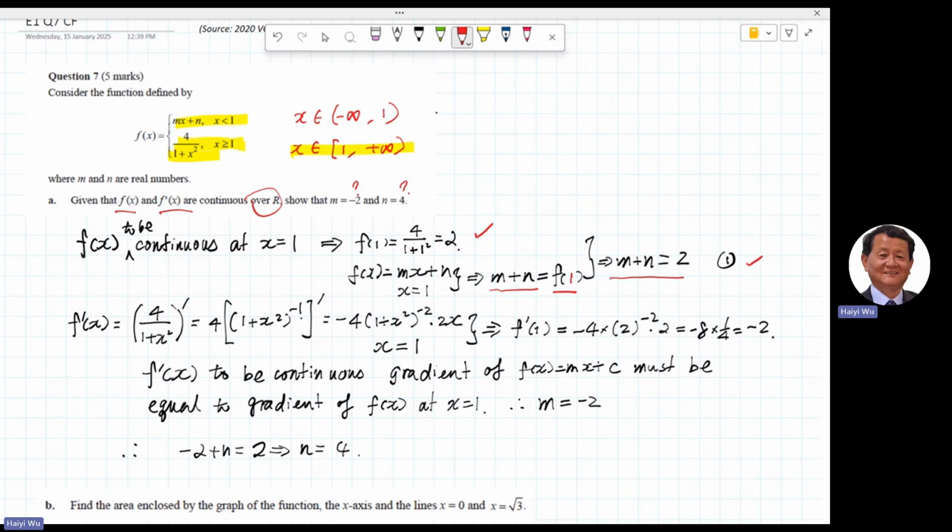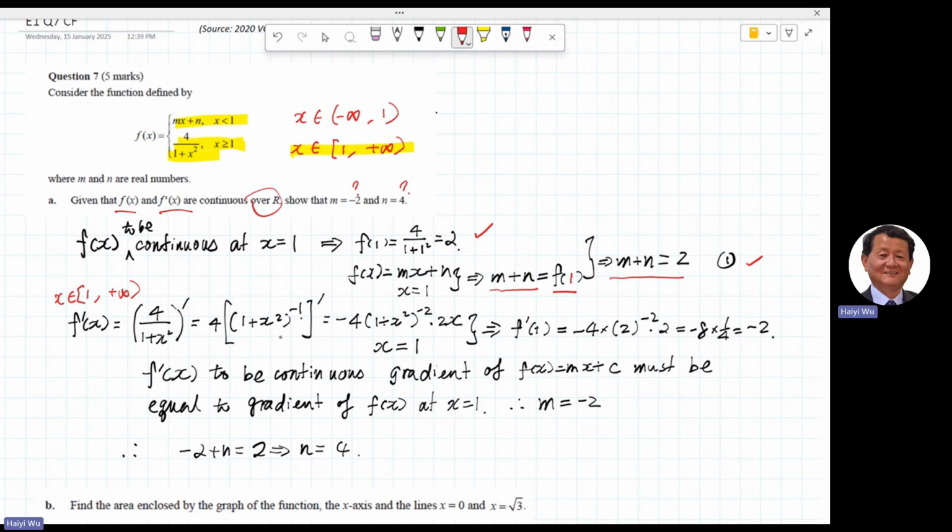Now, second, we do the first derivative as well. We differentiate the function f(x). First we do the second domain, and substitute x equal to 1 into the derivative function.